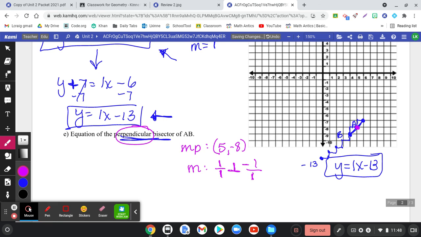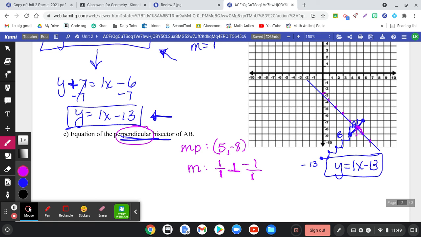So if we want the equation of that line, you can look at it on the graph. We'd be going down 1 over 1. Or you could go up 1 and backwards 1. And this line that you're creating is cutting our segment in half, and it's perpendicular to it. It forms a right angle right here.